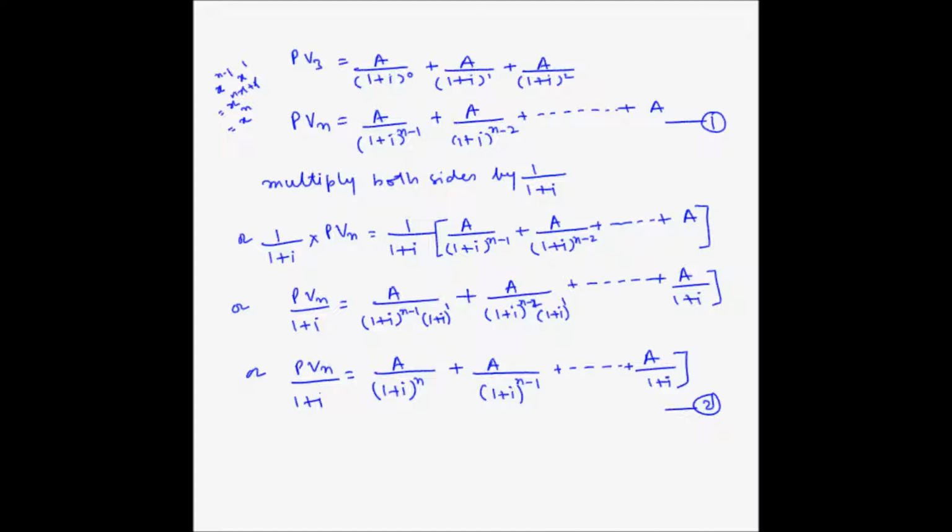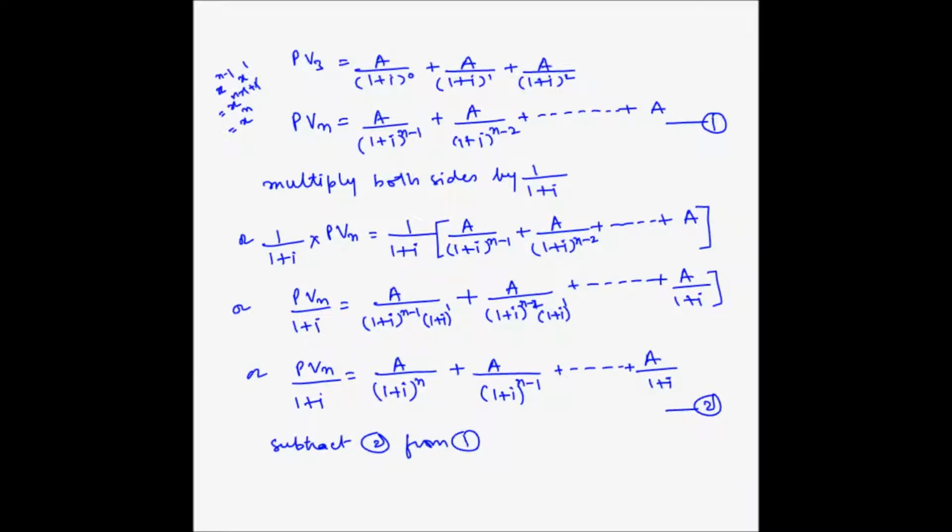Now let's subtract 2 from 1. So actually we don't need this bracket here, so let me remove it. So since we are subtracting 2 from 1, we'll put a negative sign on every term of equation 2.